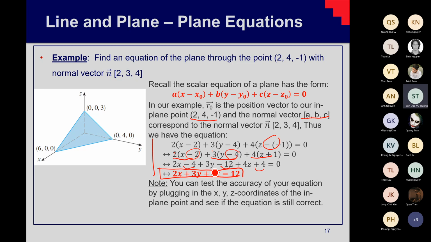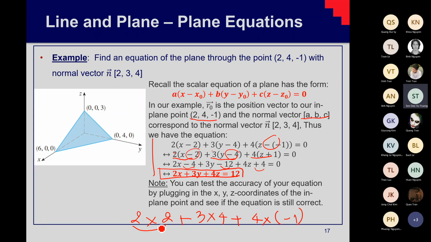Because the plane has to go through the point (2, 4, -1), we can test whether the point (2, 4, -1) is in the plane by using this equation. So 2 times 2 plus 3 times 4 plus 4 times -1.